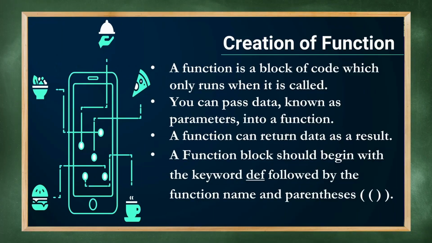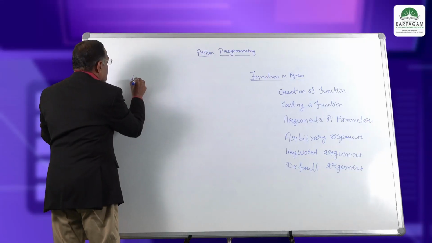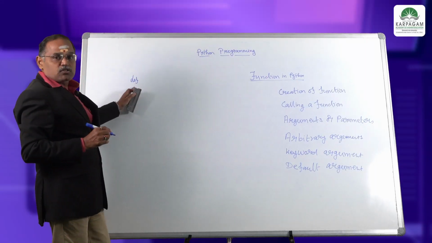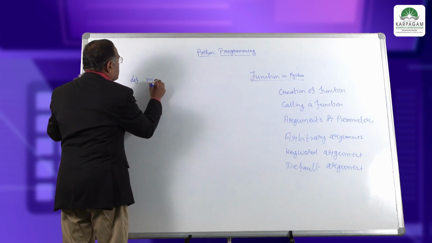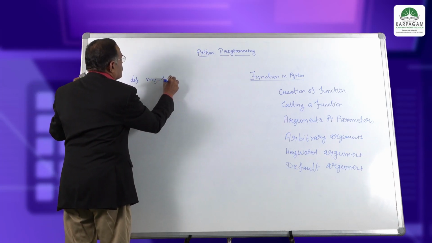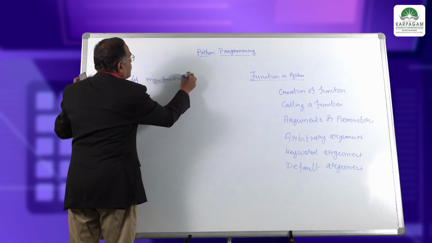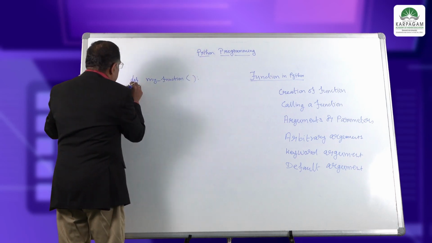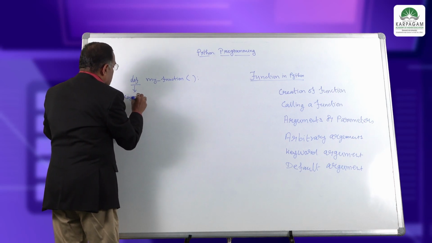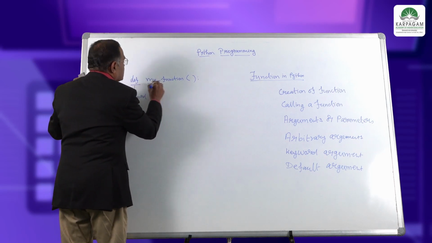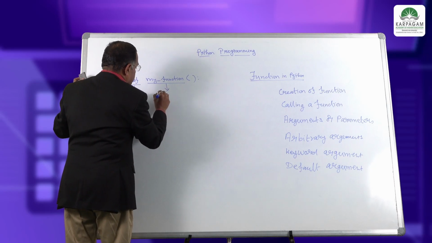Now we can see what the creation is. Before creating, we need a keyword called def. This is the keyword we have to start with, before the function name. This is the keyword, and this is my function name.